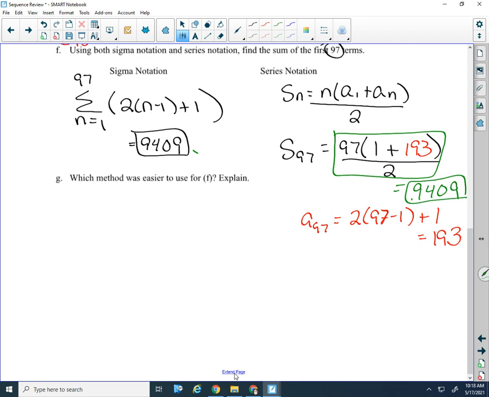Which one was easier? That depends on how you feel. I think the sigma notation, because you didn't have to find the last term. Either one works.